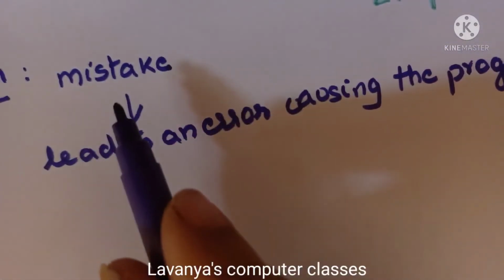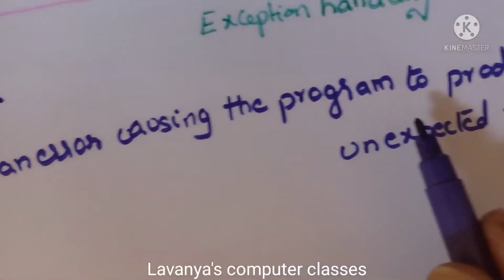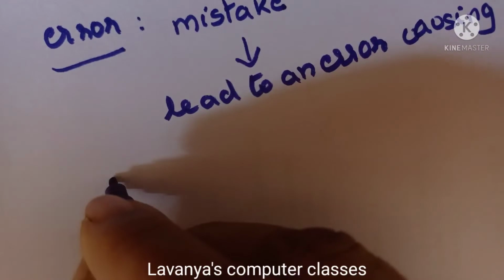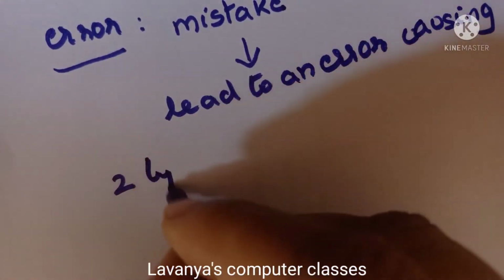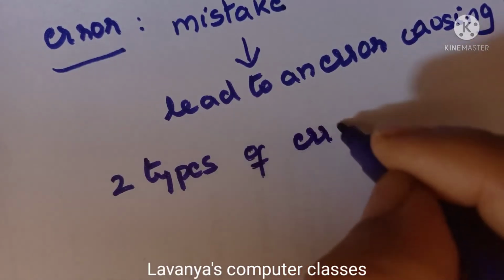We are expecting some result, and for getting that result we are writing some program. But because of some mistakes, the program is giving wrong, unexpected answers. So that is an error. Error is nothing but a mistake.